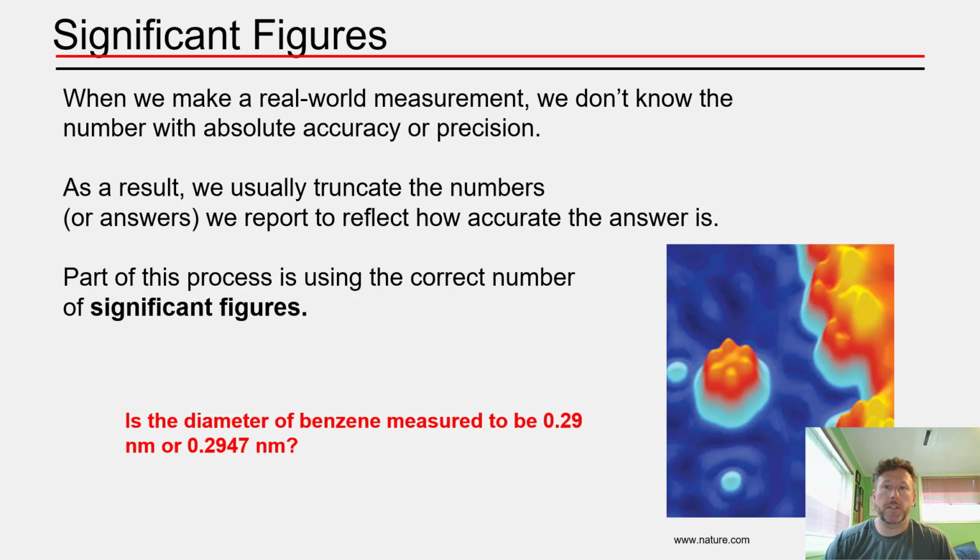First, I want to give you a little bit of a reminder of the context for why significant figures are particularly important in scientific measurement. And for our example, we're going to go back to the example we alluded to in the previous module, where we talked about using scanning tunneling microscopy to measure the actual diameter of a benzene molecule.